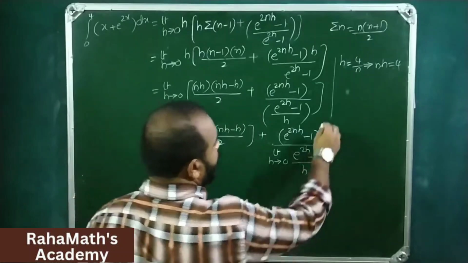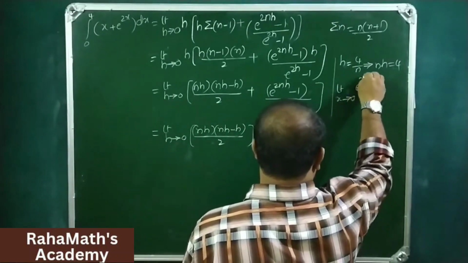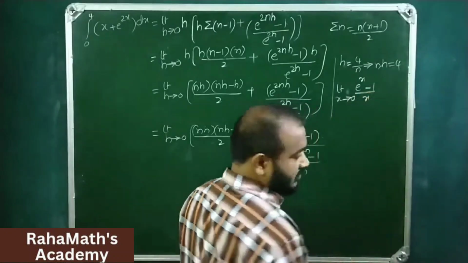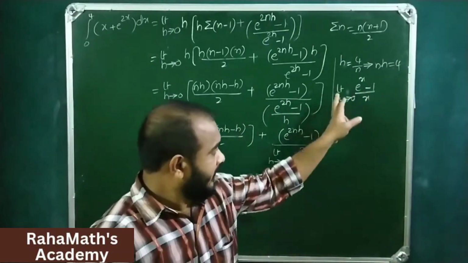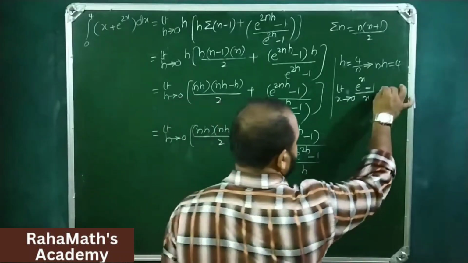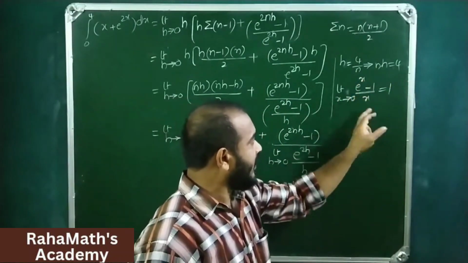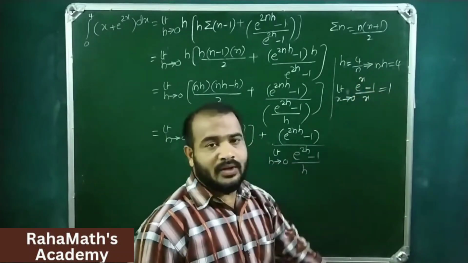Here we have a formula: the limit as x tends to 0 of (e^x minus 1) by x equals 1. That means everywhere the same x must be maintained.